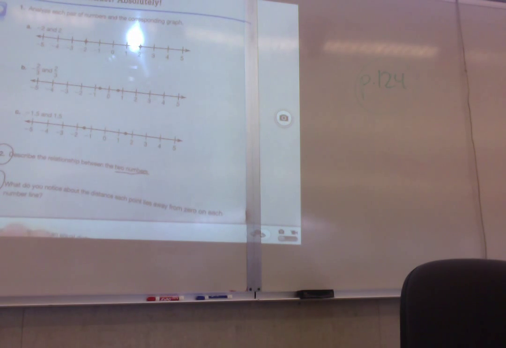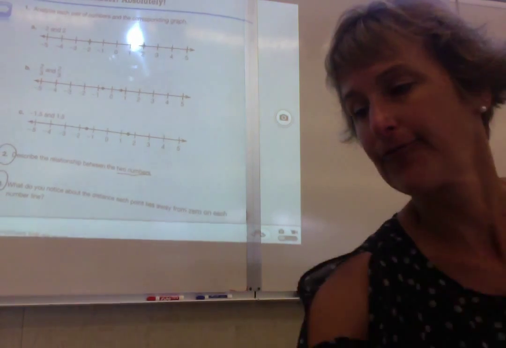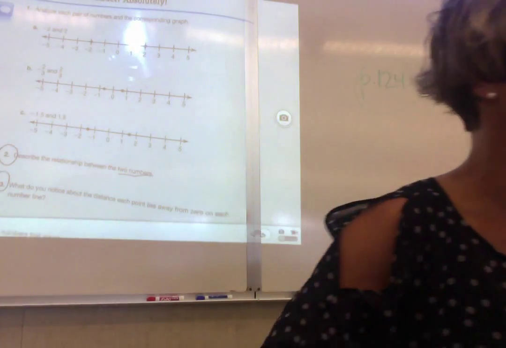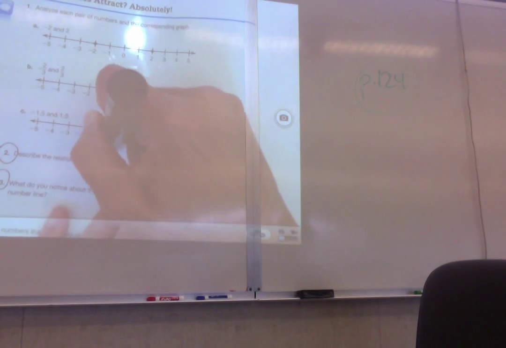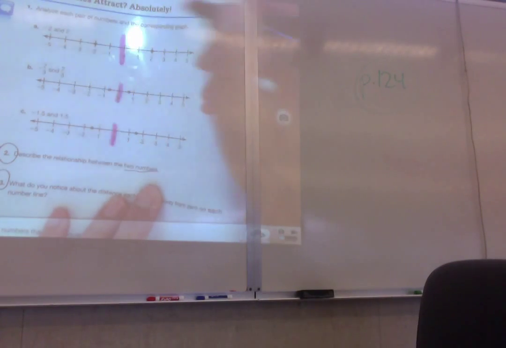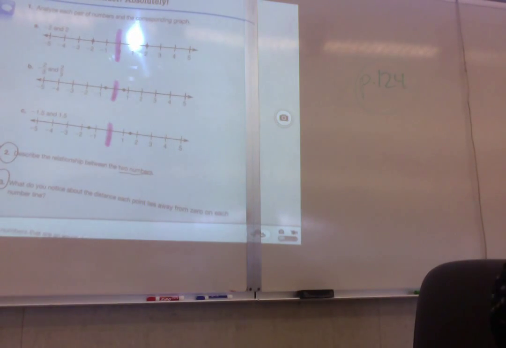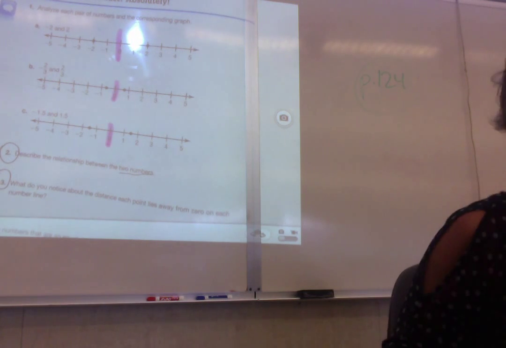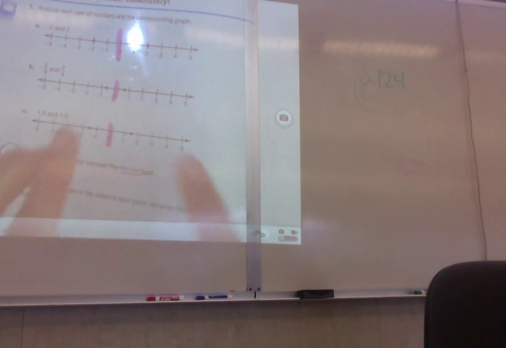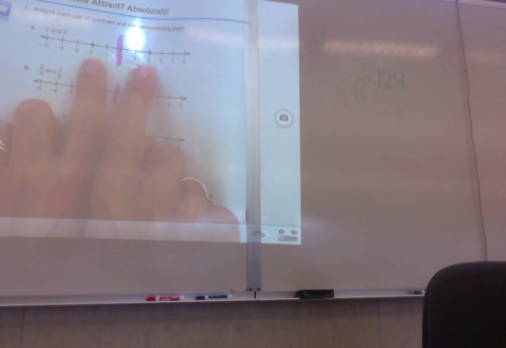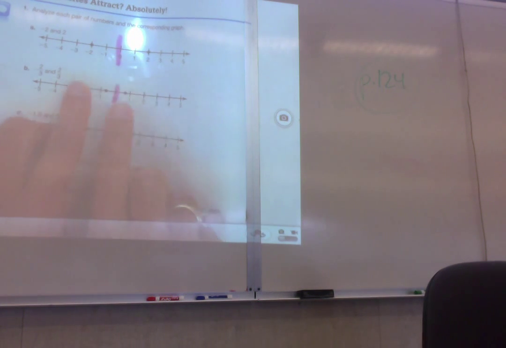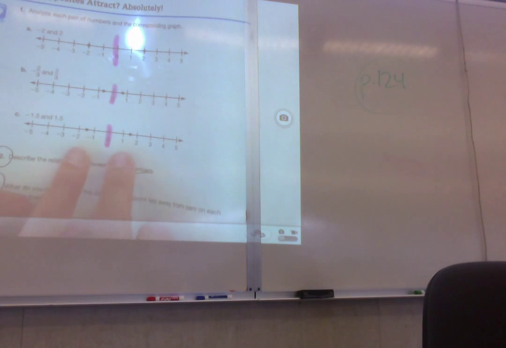How far? Look at the points on the number line and find 0. How does the position of the dots compare? Right here in A, 2 and negative 2. 2/3 and negative 2/3. 1.5 and negative 1.5.